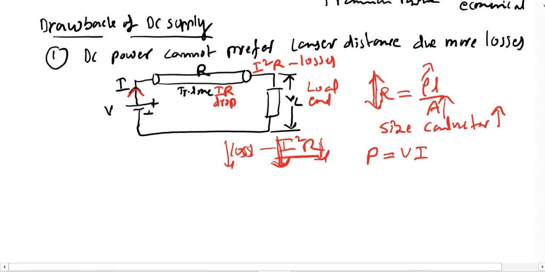Suppose you want to decrease this current here, you need to increase this voltage to keep the power carried through the circuit constant. But increasing the voltage level is not available in the DC supply.